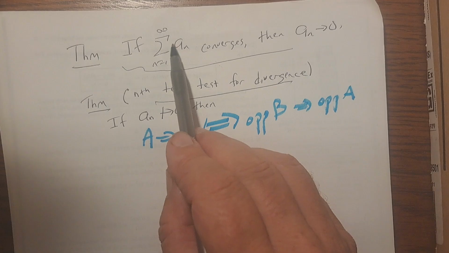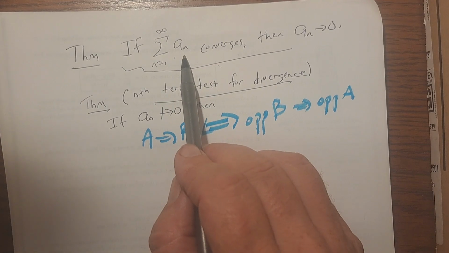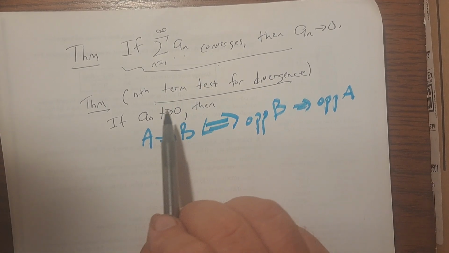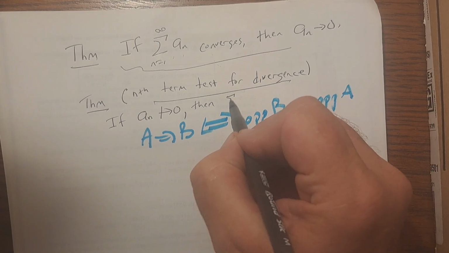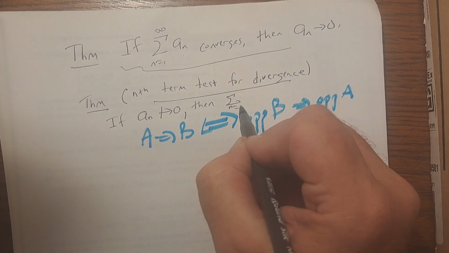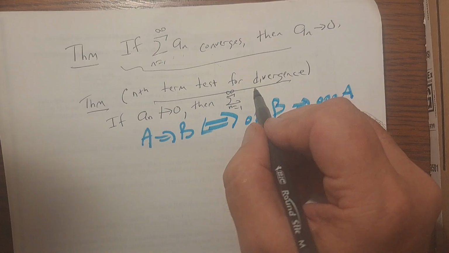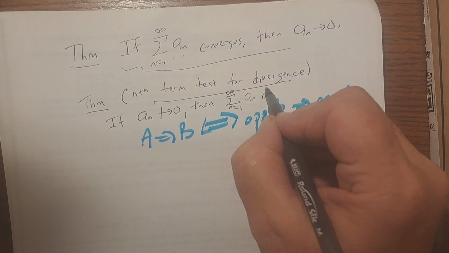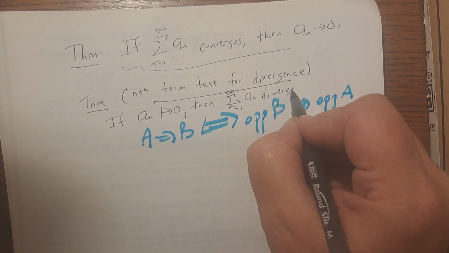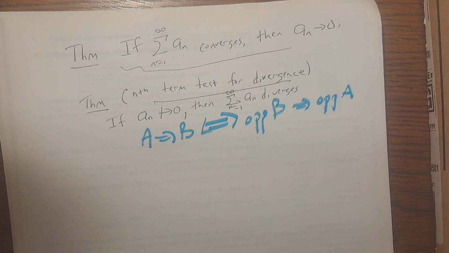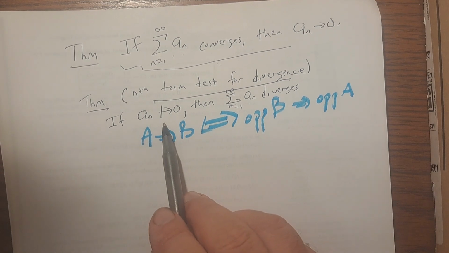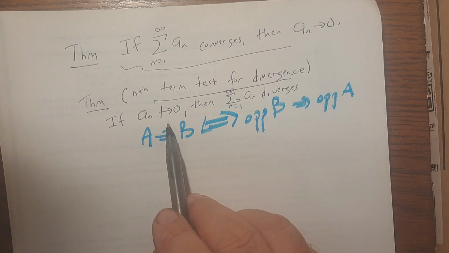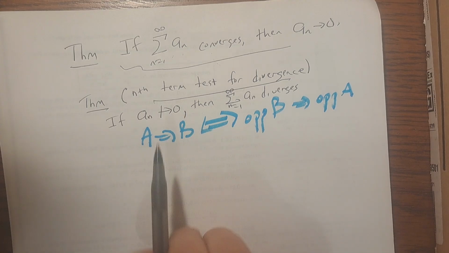Then it must be that the series is the opposite of converging, which is diverging, the opposite of what you supposed. Okay, so it only works if the terms don't go to zero. If the terms do go to zero, it doesn't tell you anything. And it's important to keep that in mind.